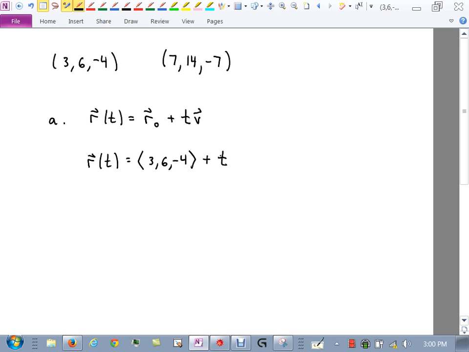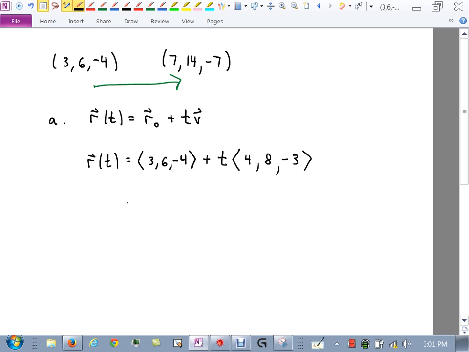It's the vector going from the one point to the other, right? So what's a vector going from one of those points to the other? We'll go from this one to this one. 4, 8, negative 3. Everyone got that?